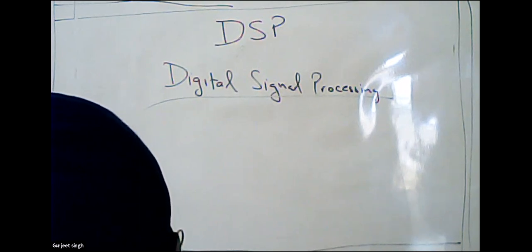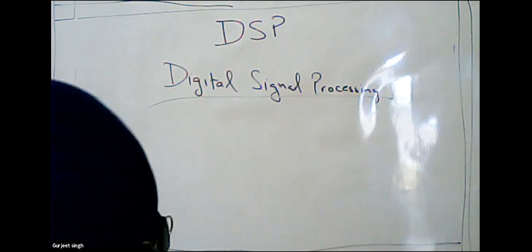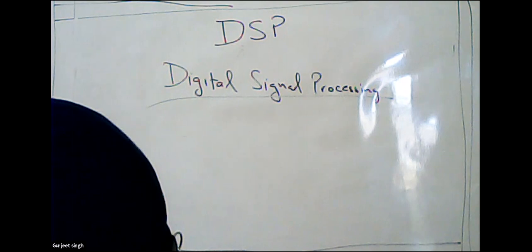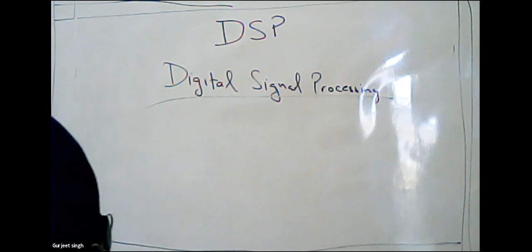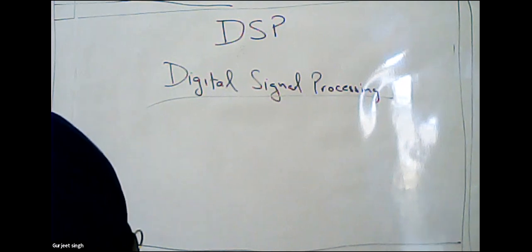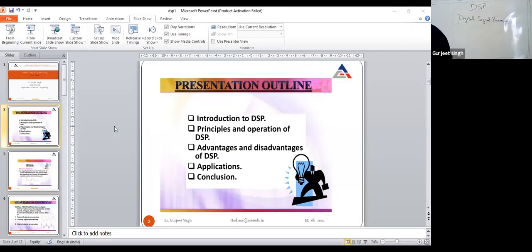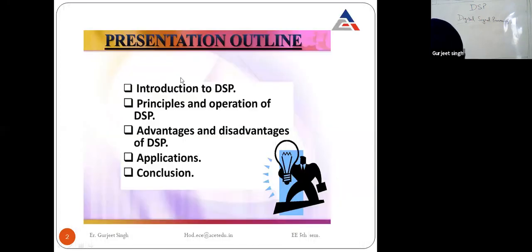First of all, in this PPT we will discuss the introduction to DSP, principle and operation of DSP, advantages and disadvantages of DSP, then applications and the conclusions. So today we will discuss these outlines of the first unit: introduction to DSP, principle and operation of DSP, advantages and disadvantages of DSP, applications of DSP, and we will conclude the concepts here.